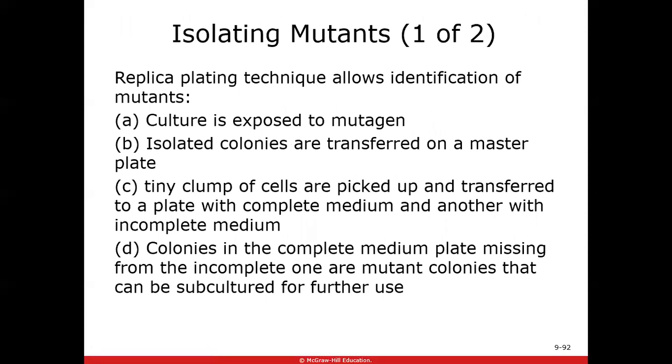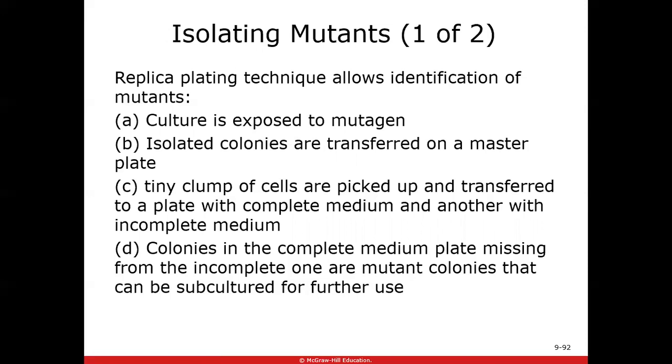So, isolating mutants. First off, a culture is exposed to a mutagen. Whatever that mutagen is, it could be a chemical, X-ray, or ultraviolet light, a culture is exposed to something that will mutate their genes.